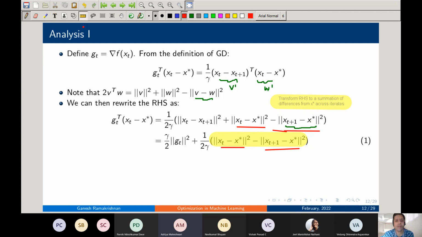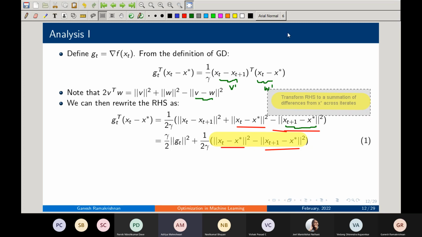And what happens if I now sum this across different values of t? What would happen when I do a summation?